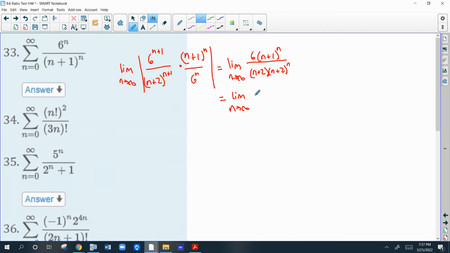The only reason I did that is now I can look at that exponent part, the only part with an exponent, as one rational expression to the n. So if you apply the limit here, you're going to get 0 times this.